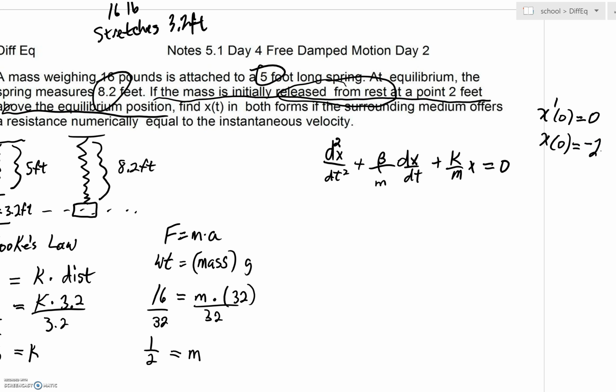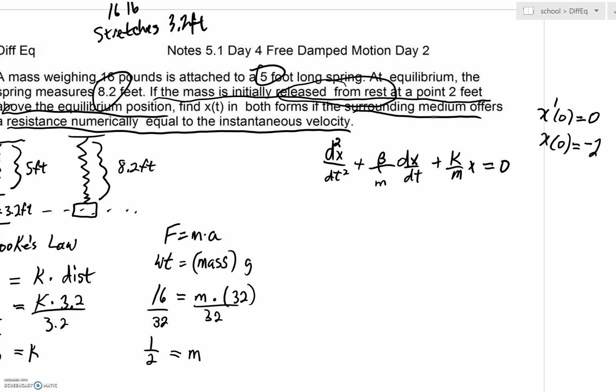And then it says, find x of t in both forms. We're going to review a lot today. We're going to go to the form with the two trig functions, cosine and sine, and then condense into one. If the surrounding medium offers a resistance numerically equal to the instantaneous velocity.